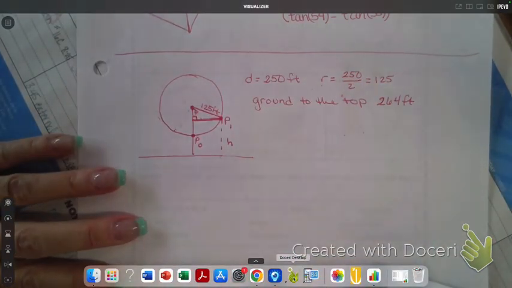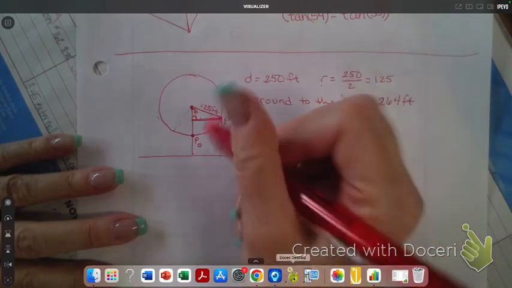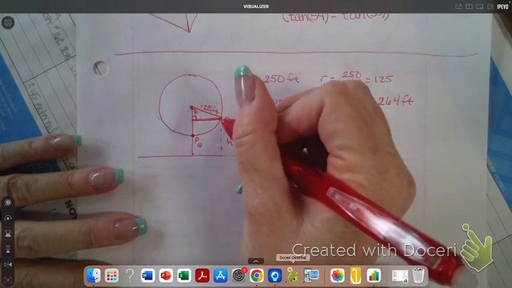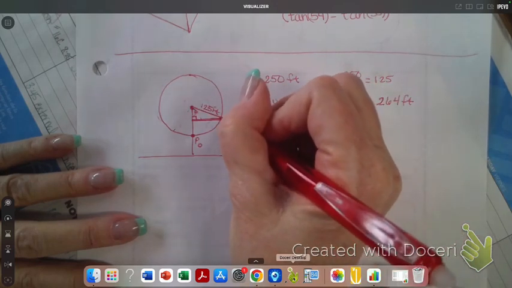What else could I get from that information? 264 is just from here to here. What are we trying to find? We're trying to find the height of the rider, because I'm right here.